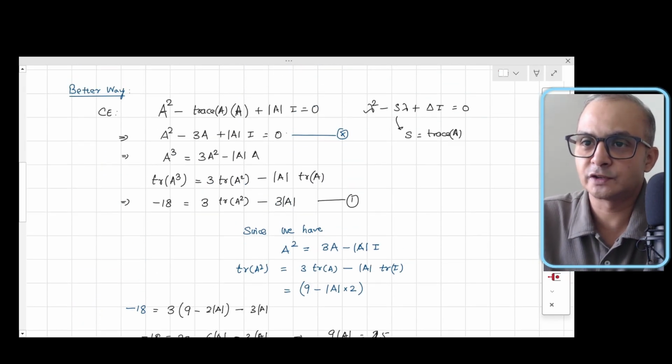Even that is also not in the syllabus, but usually we teach it and students know this fact about the characteristic equation and all the properties about it.